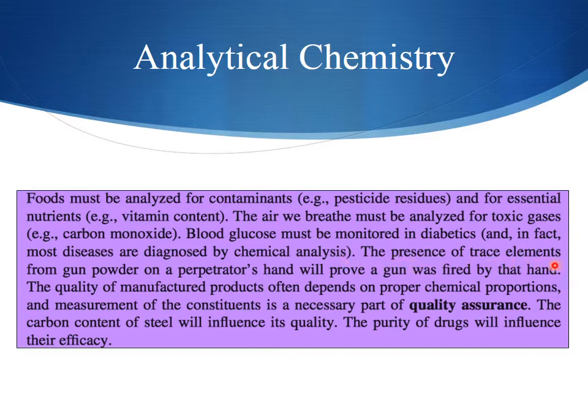The presence of trace elements from gunpowder on a perpetrator's hand will prove a gun was fired by that hand. So this is the aspect of forensic analysis which can be performed by means of analytical chemistry. By means of analytical methods, a sample will be taken from the hand of the guilty, and this sample will be analyzed.